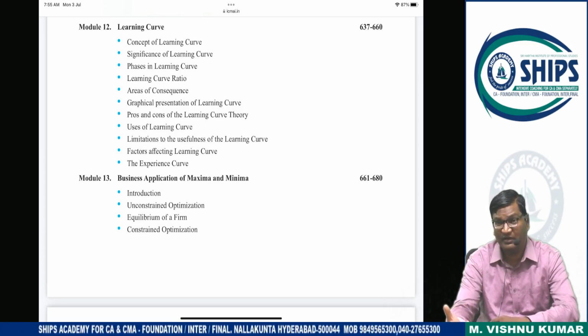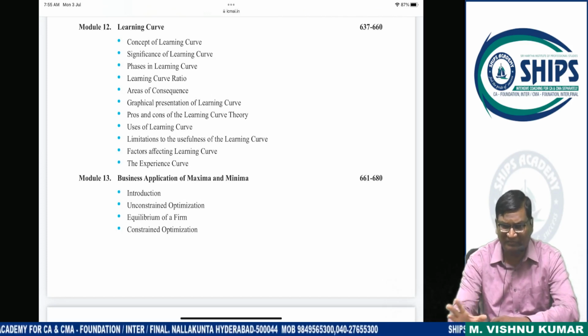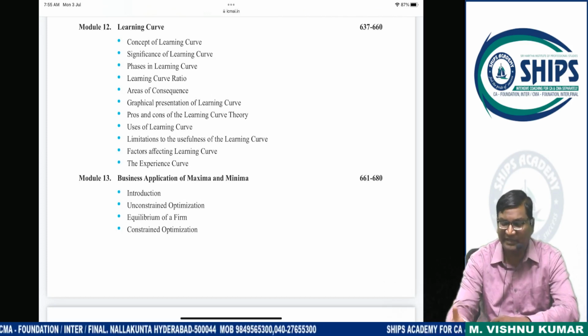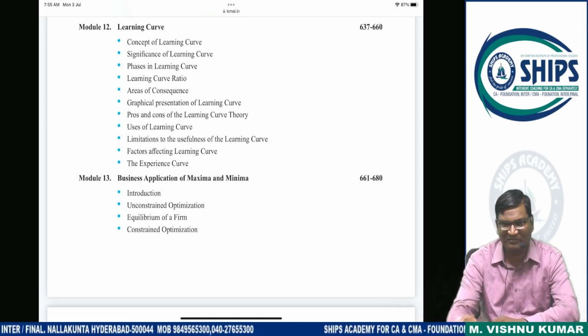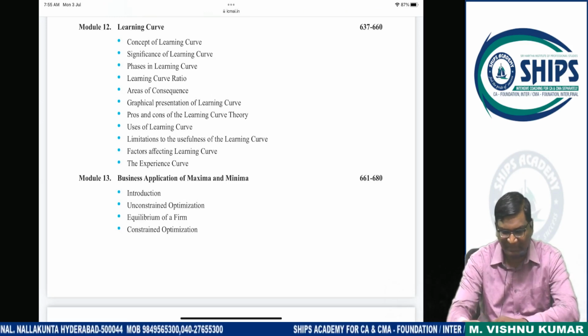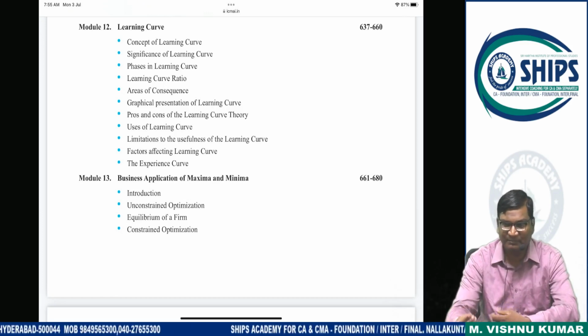This is the overview. So from this you can understand that some topics you learned at intermediate also, like learning curve. It is not totally a new subject. Some portion you studied at inter-level.